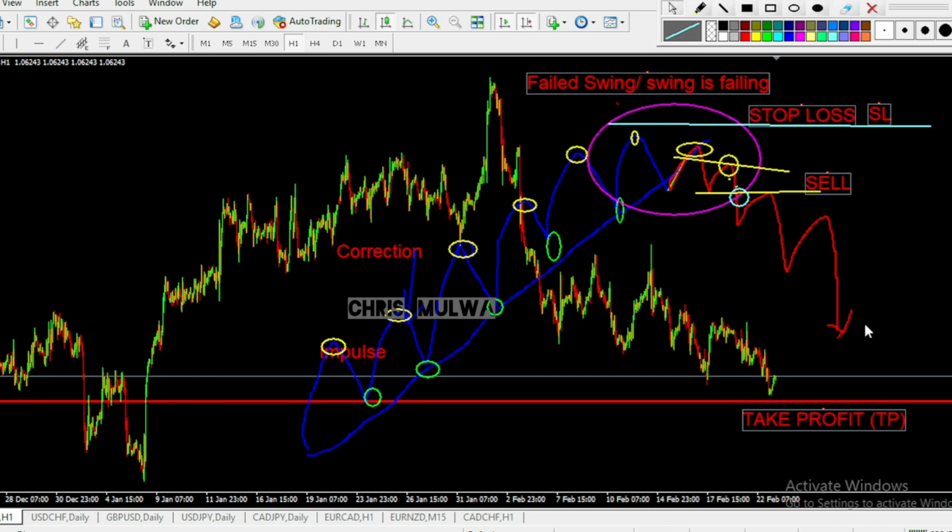So that is how you identify the swing has failed. Make sure that the highs are above the lows. It makes higher highs and higher lows. That is the theory: the high is above the low.